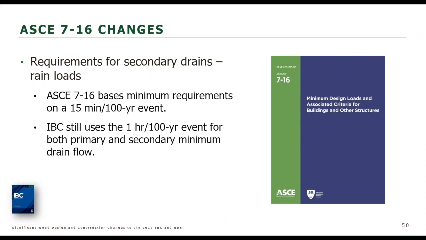Okay, another thing to be aware of has to do with roof drains and related rain loads. As engineers, you're wondering, why do we have to know about roof drains?